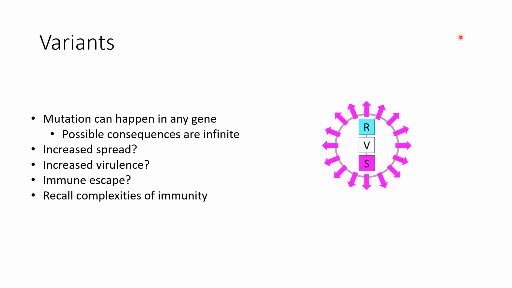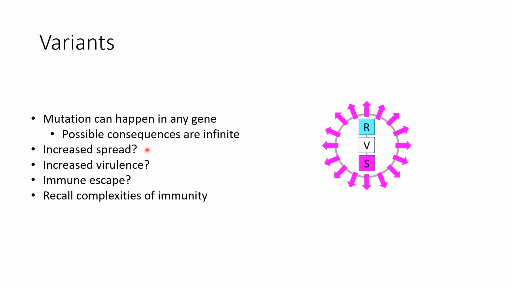Variants involve mutation of the genetic material of the virus. That is a change in the coding sequence of the genes of the virus. Mutation can happen in any gene, the R gene, the V gene, the S gene, and the possible consequences are infinite, from no consequence at all to actually making it so the virus doesn't work at all.